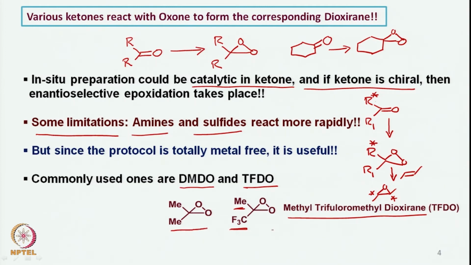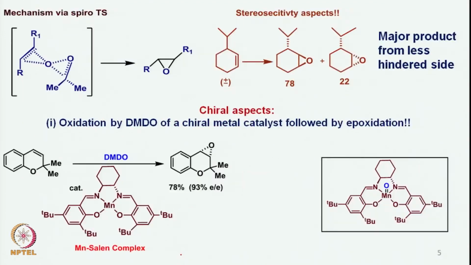This one will be a little difficult to isolate, but in situ preparation is relatively easy. For the in situ preparation, you take a ketone which is relatively easy to handle, in this case acetone. So in both cases we can easily do the in situ preparation.